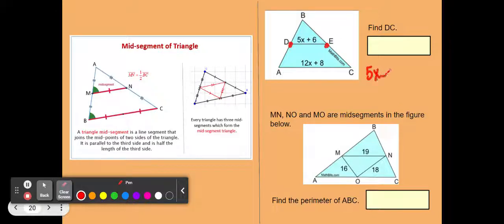So 5x plus 6 equals 1/2 of 12x plus 8. 5x plus 6 equals 1/2 times 12, which is 6x, plus 1/2 times 8, which is 4. If I subtract 5x, I would end up with x, and I subtract a 4. I end up with x equaling 2.